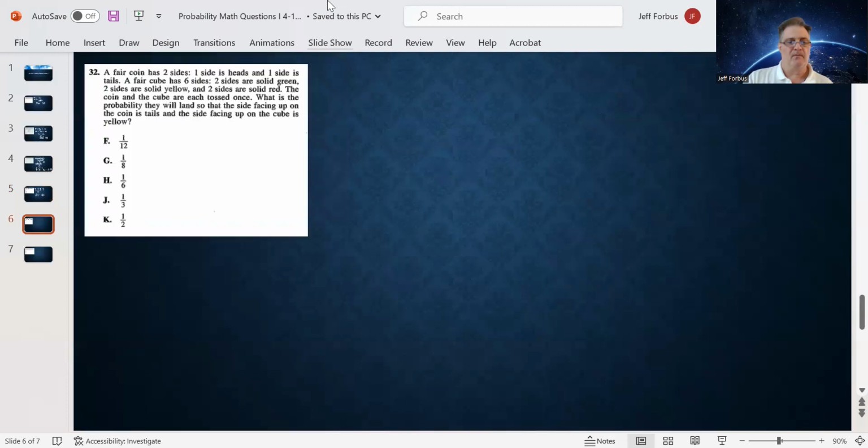Next question. Okay. A coin has two sides. One side's heads, one side's tails. A cube has six sides. Two sides are solid green. Two sides are yellow. Two sides are red. So our coin is heads, tails. Now our cube, it has a green.